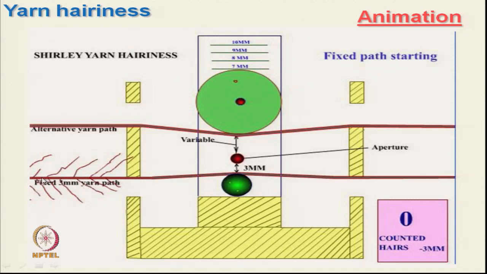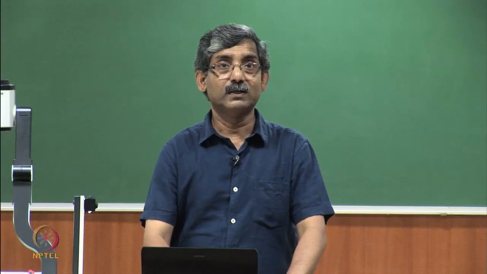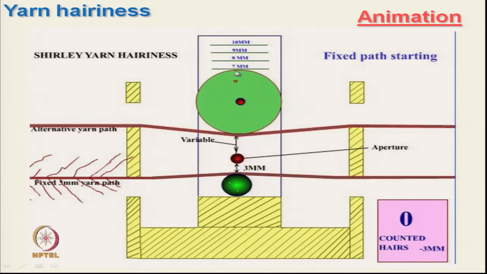As the yarn moves in this direction from left to right, the hairs will give obstruction in the light beam, and this will be counted. Now, if we want to measure hairiness at a distance other than 3 millimeter, we have to select the variable path, where another guide roller is there, which is a movable guide roller.